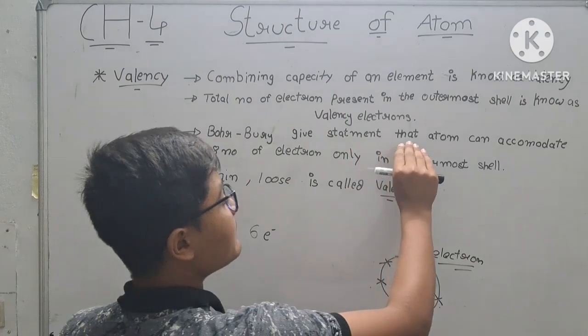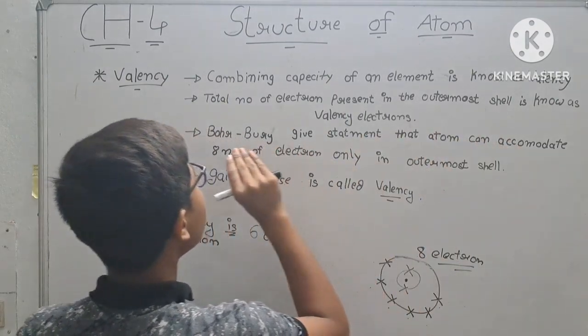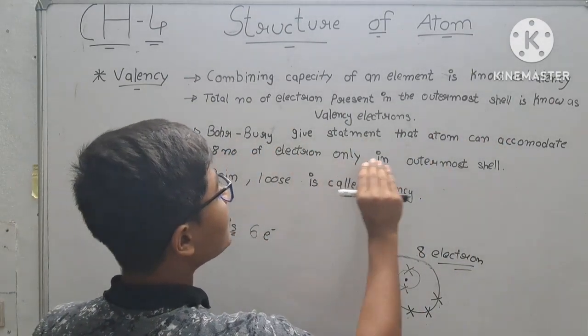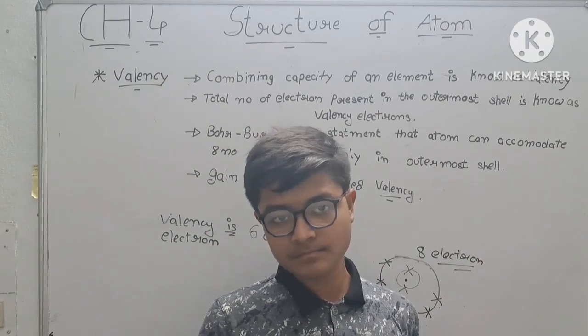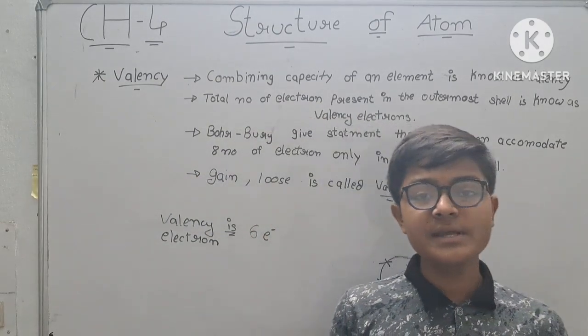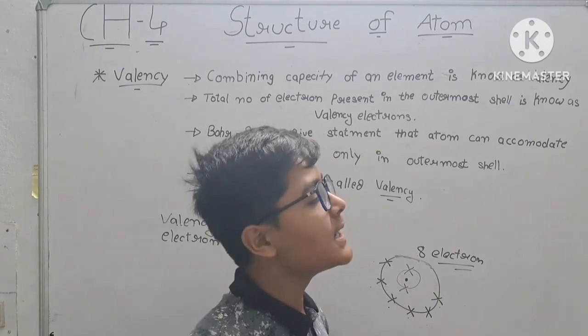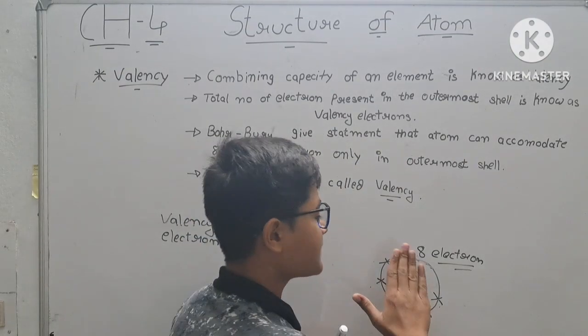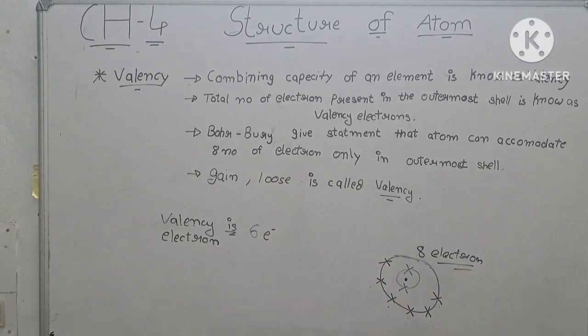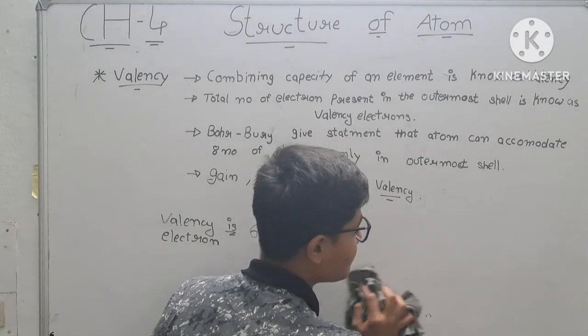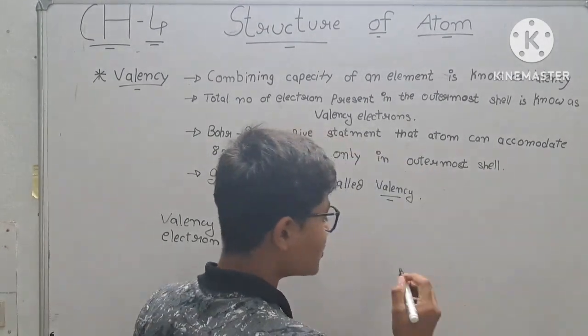Bohr-Bury gives a statement that the atom can accommodate 8 electrons only in the outermost shell. Bohr-Bury is a very well-known scientist. He gave a statement that there are 4 shells.